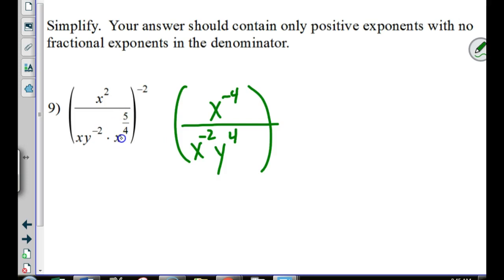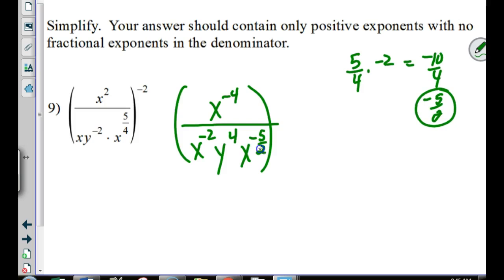And x to the 5/4 times -2, which reduces to, yes, everybody getting that? 5/4 times -2 is -10/4, which reduces to -5/2. That's where we got that one.